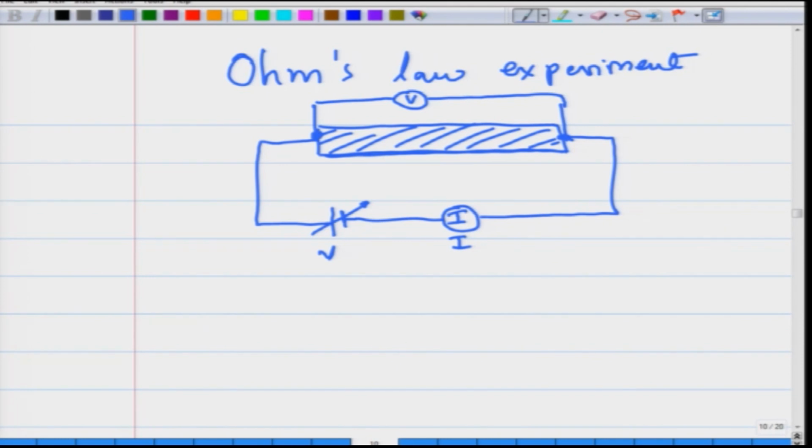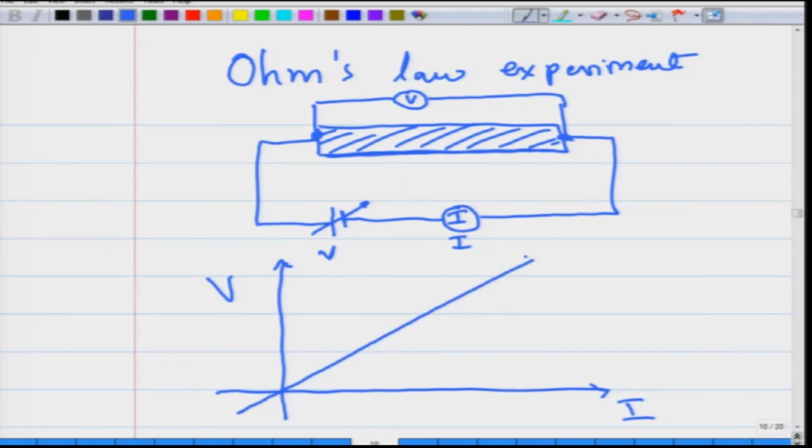And what did Ohm's law find? Ohm's law found that if you measure the voltage as a function of current, then the behavior is linear.